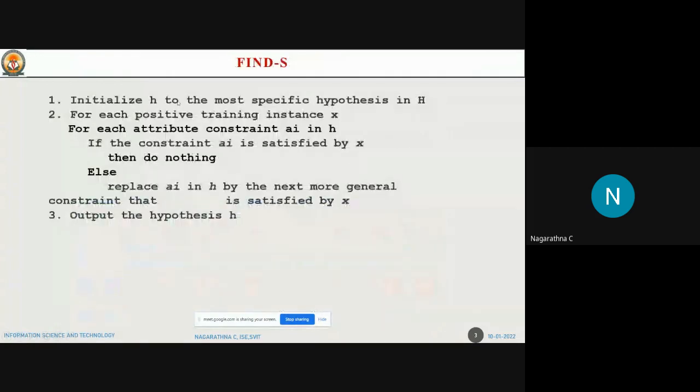Initialize h to the most specific hypothesis in H. So we will initialize our hypothesis to most specific. Most specific in the sense all are phi values.